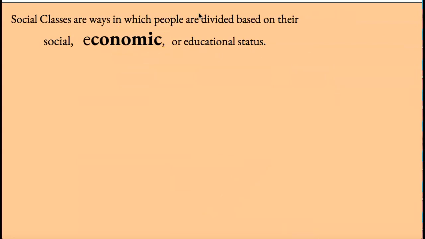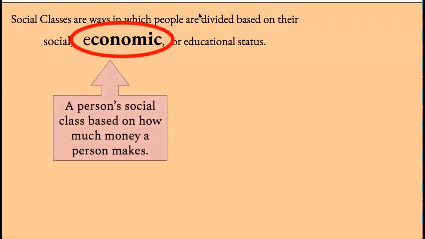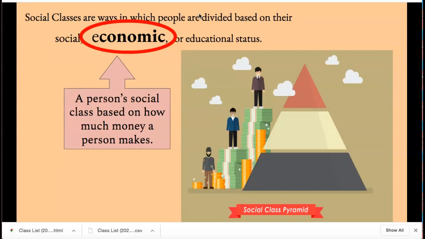Economic status. What is economic? Economic is a person's social class based on how much money a person makes. In this social class pyramid, the upper class has the highest income. In the United States, and it varies in different countries, the highest income is considered over 130,000 or more.